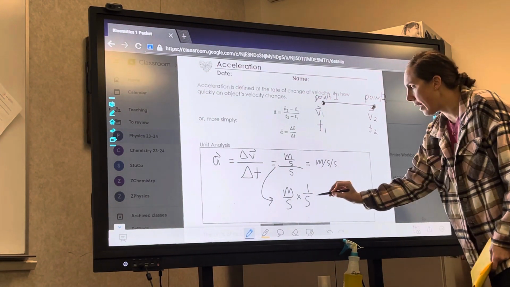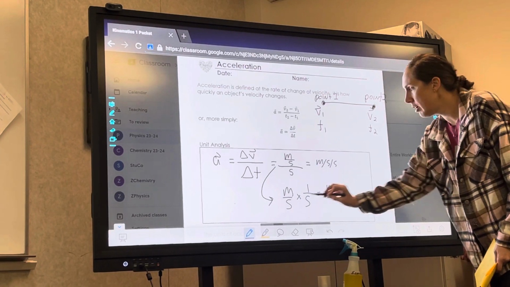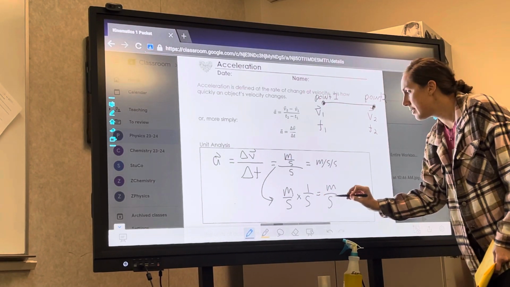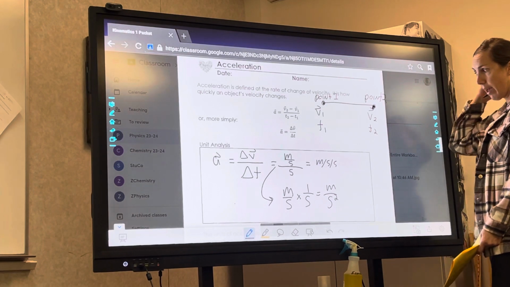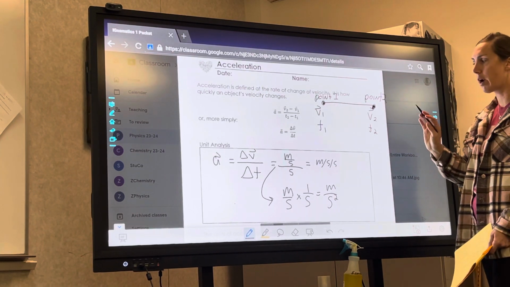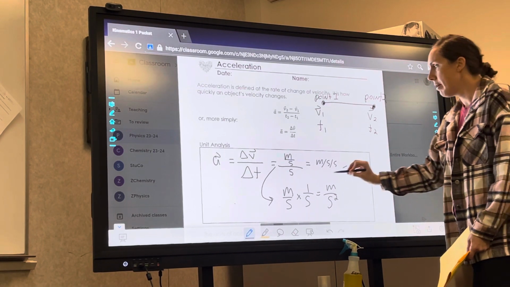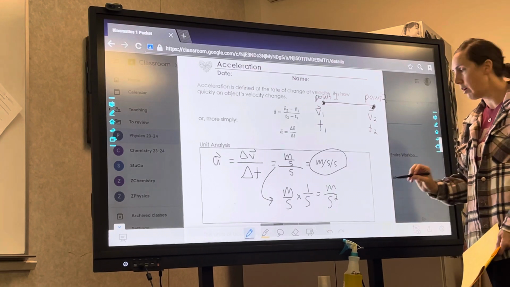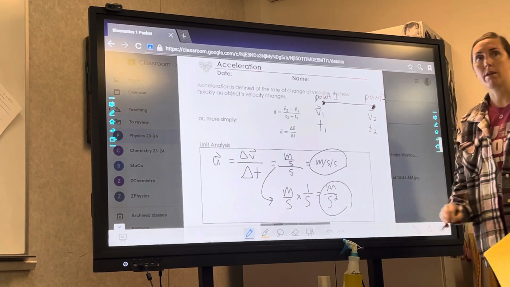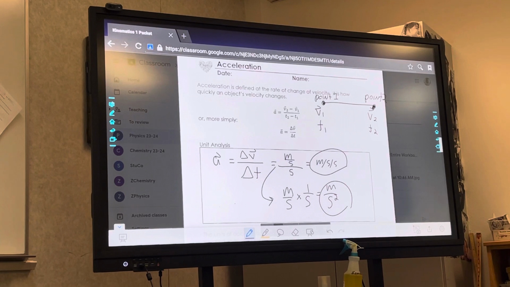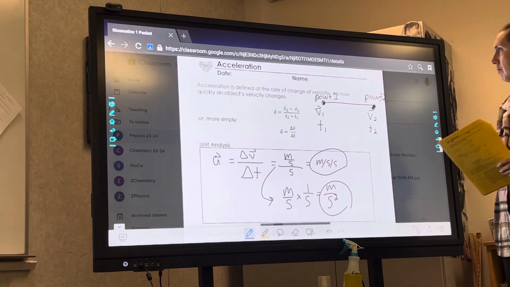And that's how I get meters per second times seconds, seconds squared, okay? So the units for acceleration are meters per second squared, or kilometers per hour squared, okay? So let's move on.